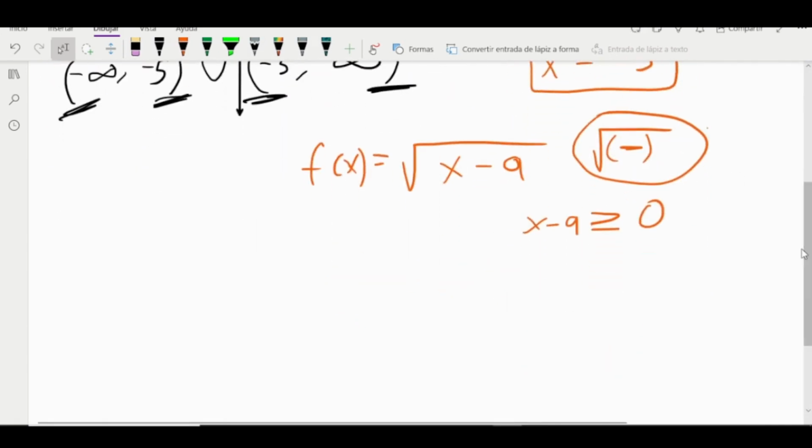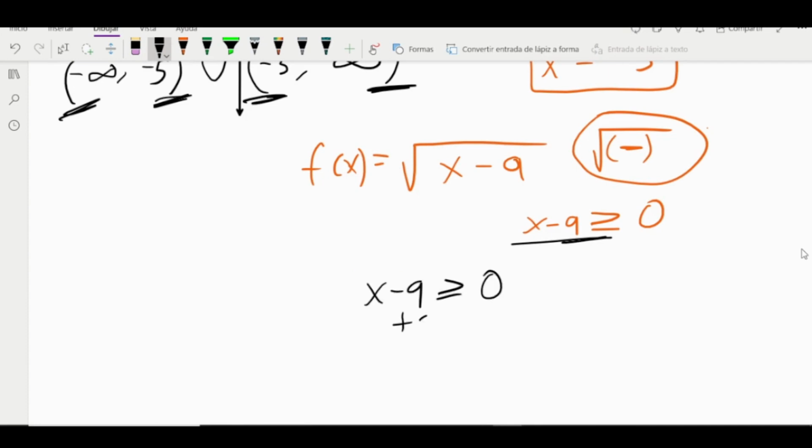Just let me show you here. Here, we're going to take this inequality, and we are going to have x minus 9 greater than or equal to 0. So we are going to add plus 9 on both sides. We can cancel this, and it's going to be x greater than or equal to 9. Okay? So what is the idea about this?